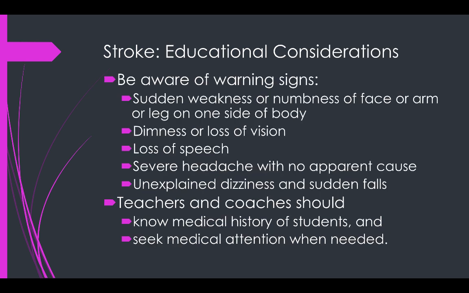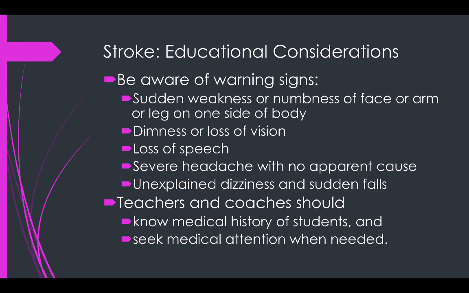So, what are some educational considerations? Again, we usually will not see children having strokes, but for sure, if you're working with the adult population, whether at a fitness center or doing some recreation, there's a chance that that may occur. So know the warning signs, be aware of them. We talked about the weakness or numbness of the face or arm or leg.